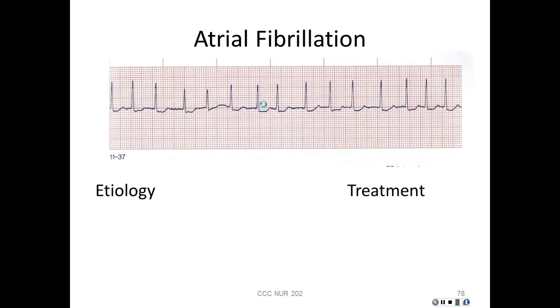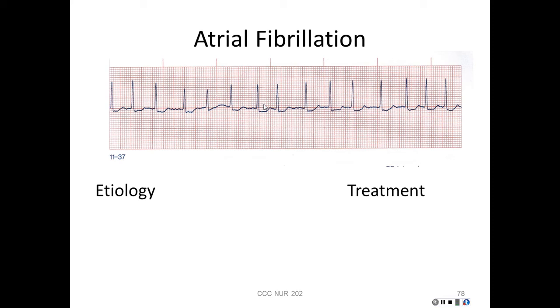Etiology, typically, again, we talked about more frequent in elderly populations, and we see it as patients get older. Typically more frequent in females than males. Can be caused by rheumatic heart disease, cardiac valve disorders, especially mitral stenosis, hypertensive cardiovascular disease, cardiomyopathies, constrictive pericarditis, someone who's had an MI, coronary artery disease, COPD, CHF, hyperthyroidism, hypoxia.